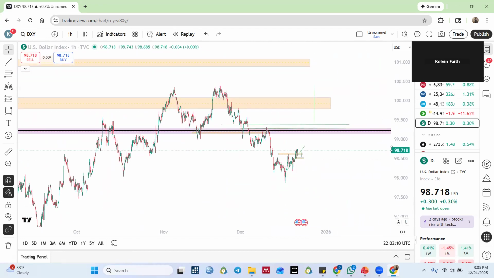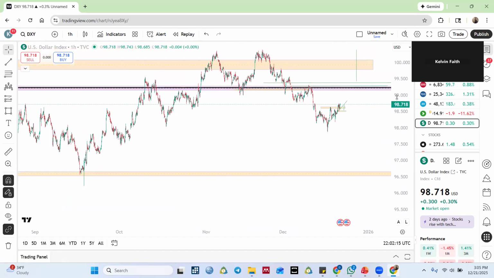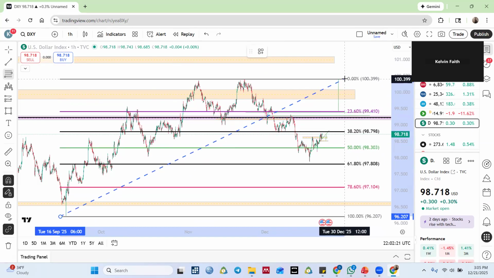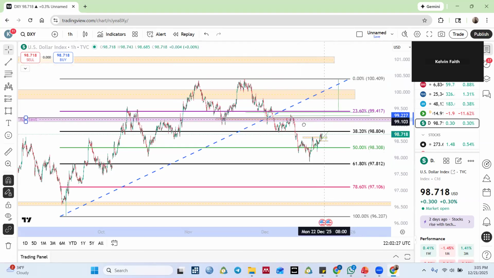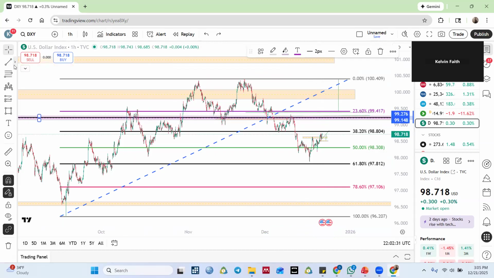Okay, so if I am to measure the range again, like I did before, from this low to the highs, price is hitting 61.8%, it stays above 50. There is nothing preventing it from going to 38 or reaching out to 23 here.